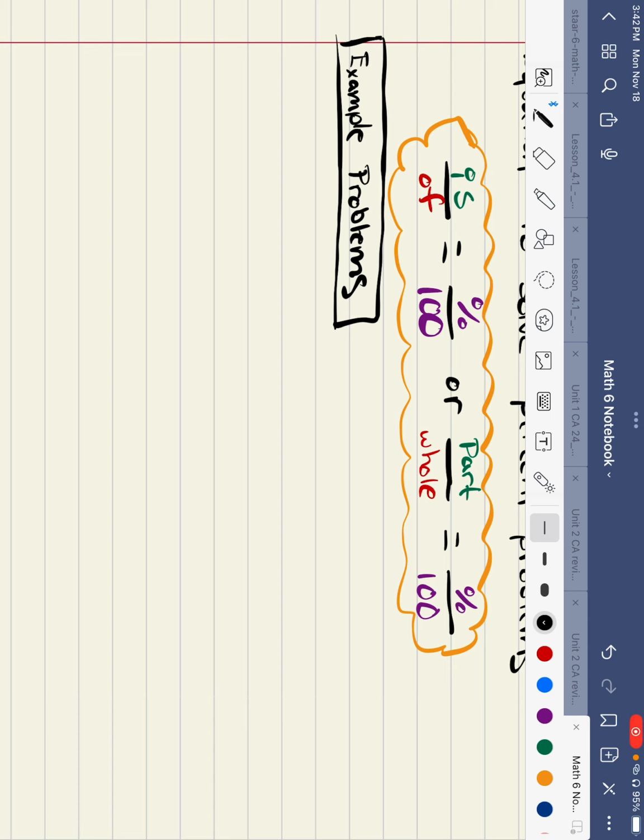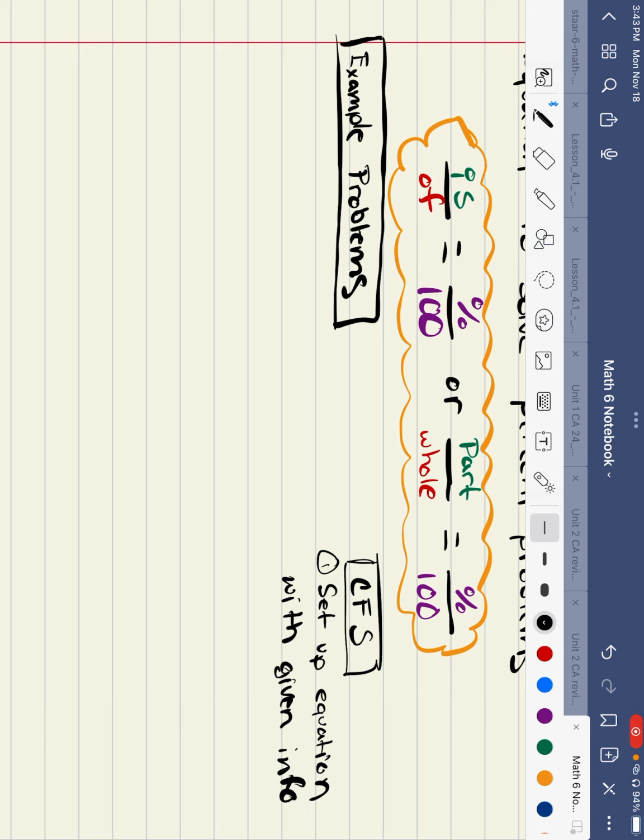So let's get down a quick little CFS. And again, our CFS is actually our criteria for success. So these are our steps that we're going to go through, and we make sure that we can get our answer correct. Okay. So our CFS number one is we're going to set up our equation with the given information. What that means is given info, so we can shorten it.